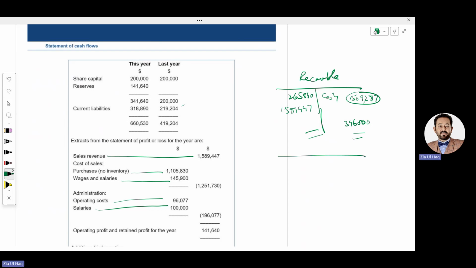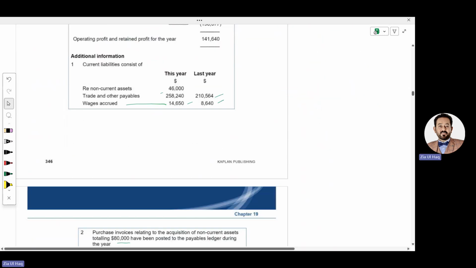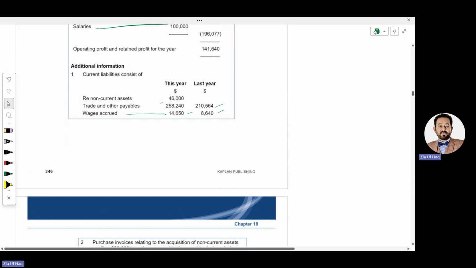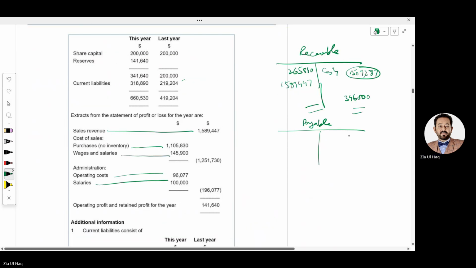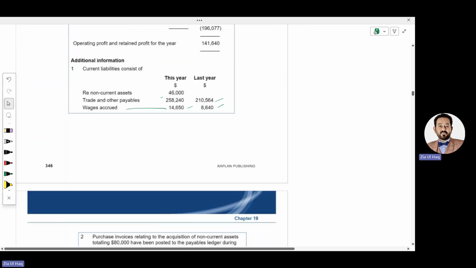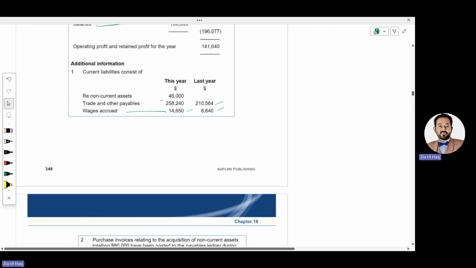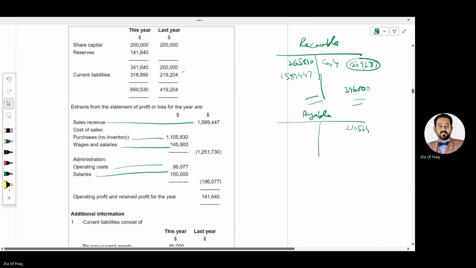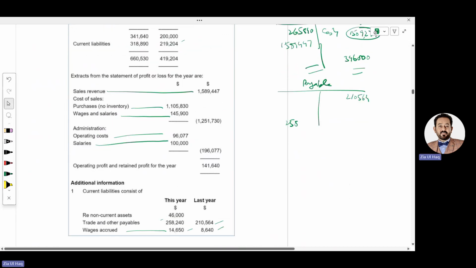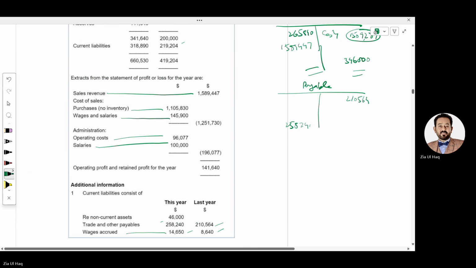Now for cash paid to suppliers, we need to open the payable ledger. The opening balance they have given here is 210,564. What is the closing balance they have given? 258,240. And is there any purchases figure given?